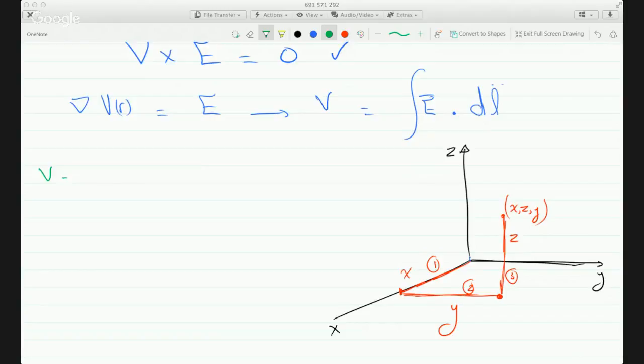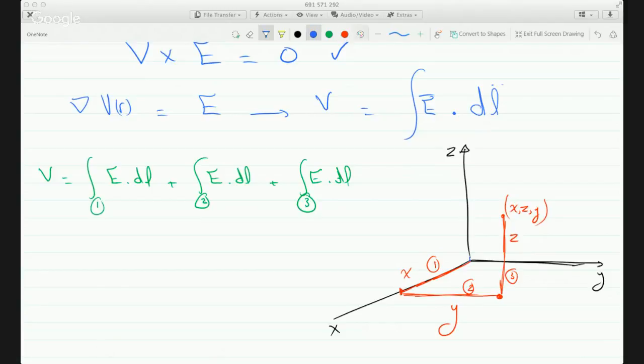So V will equal E dot dl on path 1 plus E dot dl on path 2 plus E dot dl on path 3.